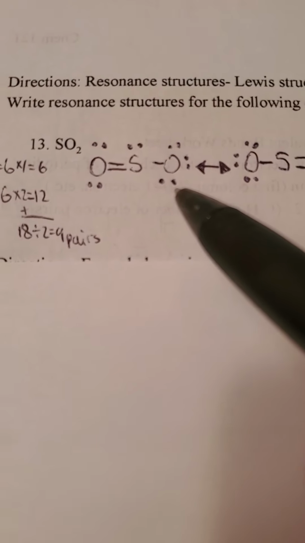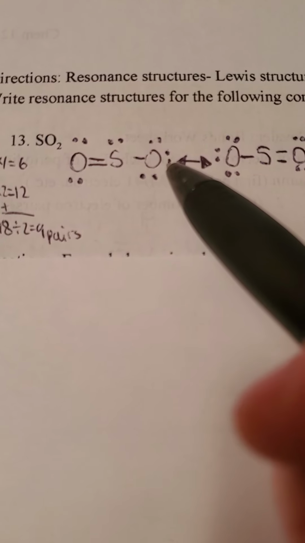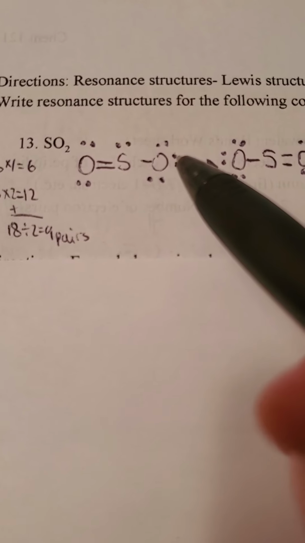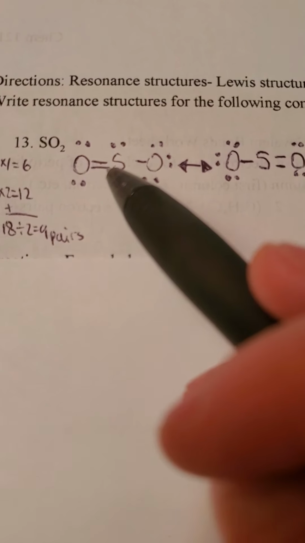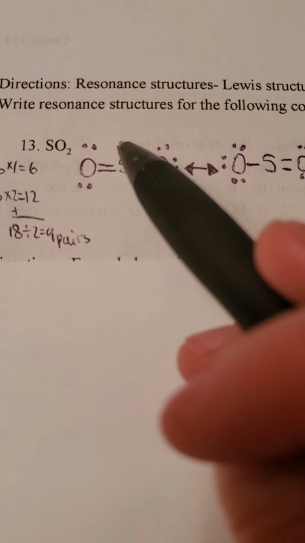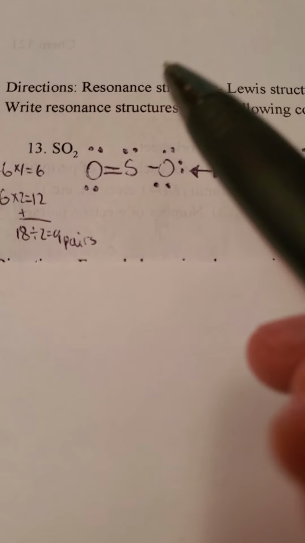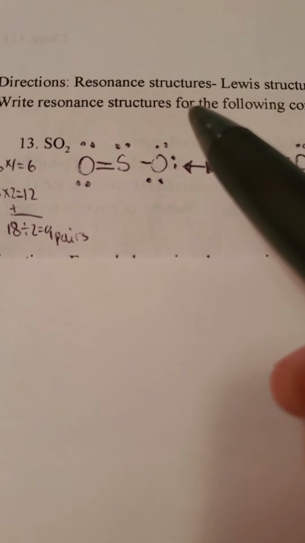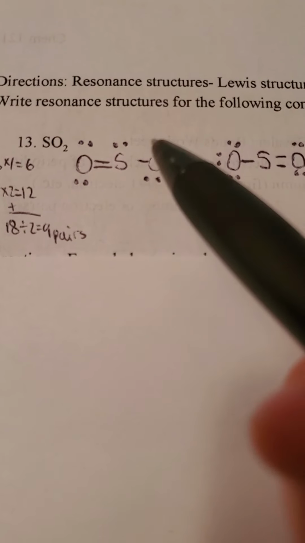Okay, that's still not enough. So if we give this a double, that's 7, still not enough. We can double bond this guy, so that would almost complete this, but we're missing this set of lone pairs. So that's why we set it up like this, because then you'd get 1, 2, 3, 4, 5, 6, 7, 8, 9. 9 pairs.